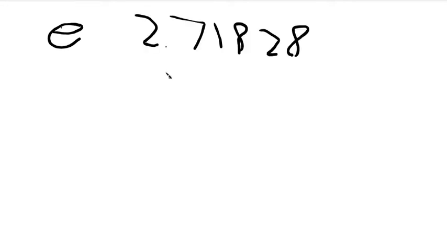This number, e, is found everywhere, even in nature. It's approximately equal to 2.71828. Okay, I won't talk much about this magical number, but his name was Euler.